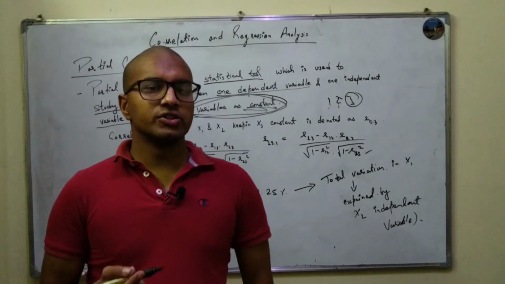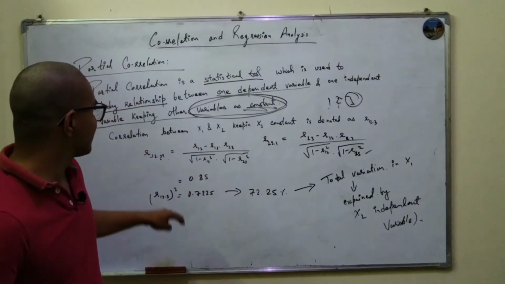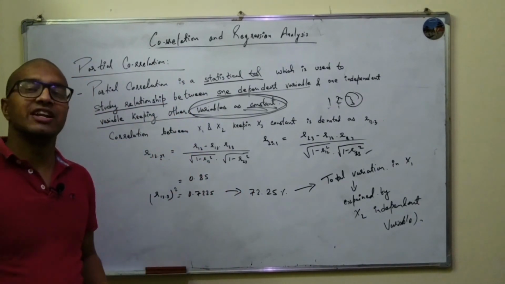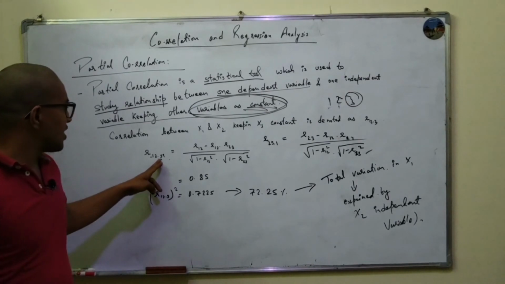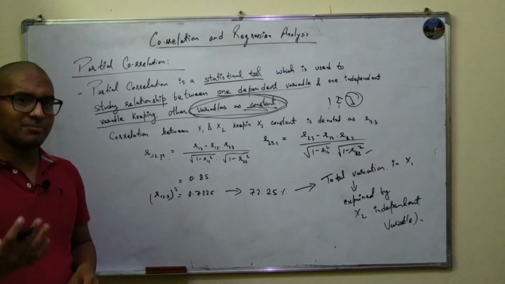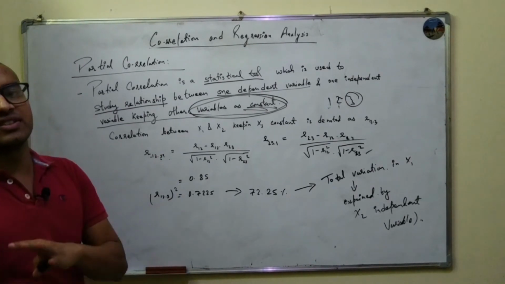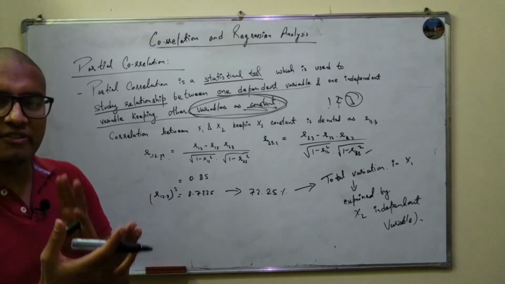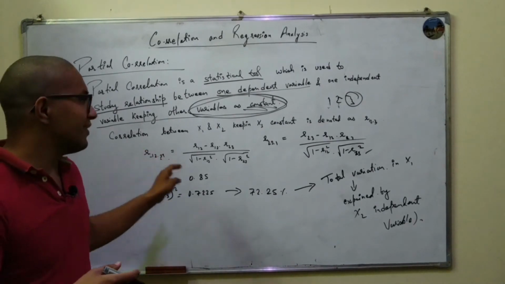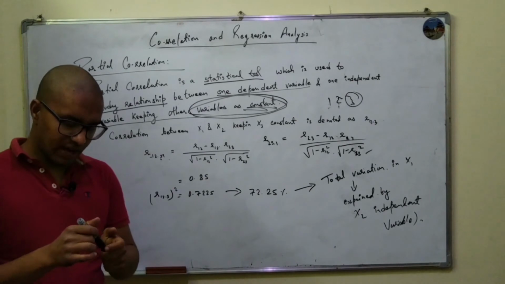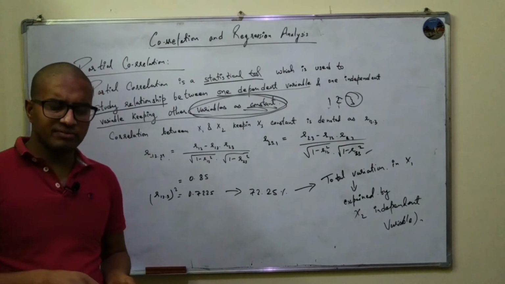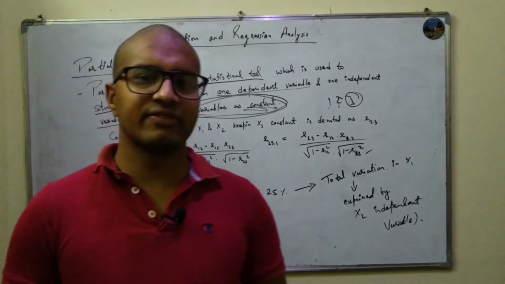Okay, so that is your secondary subscript as well. We normally say the numbers before the dot are the primary subscript, and the numbers after the dot are the secondary subscript. So let's look at multiple correlation, and that will give us a bit of clarity.